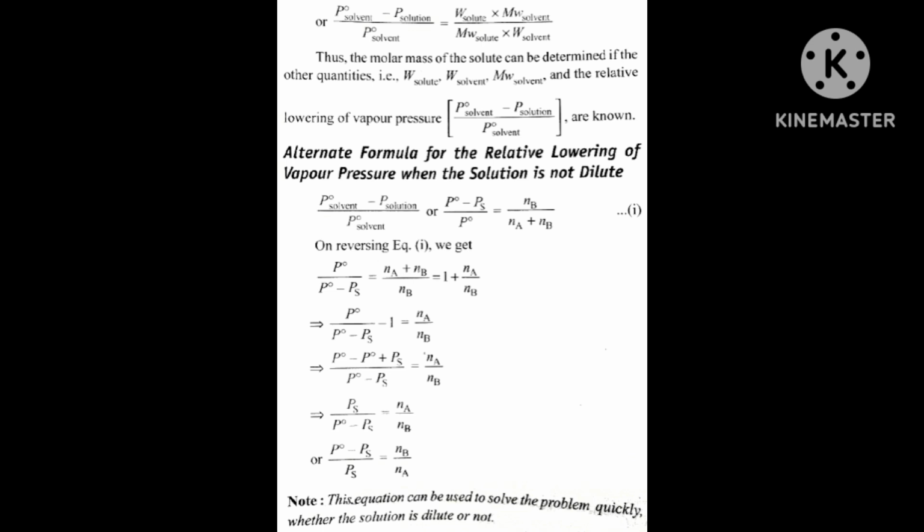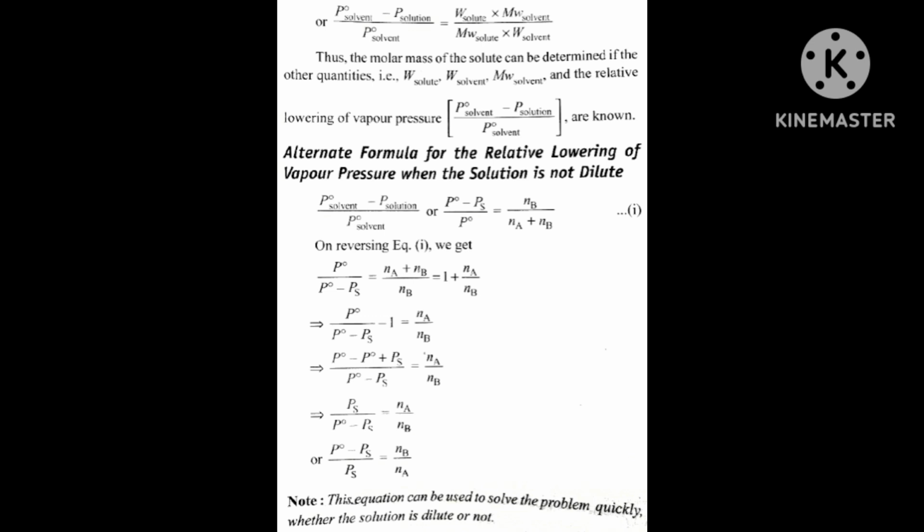Sometimes many solids may be dissolved in the solvent, so you have to consider the mole fractions of all of them in total. But here only two are there: the mole fraction of solute and the mole fraction of solvent.